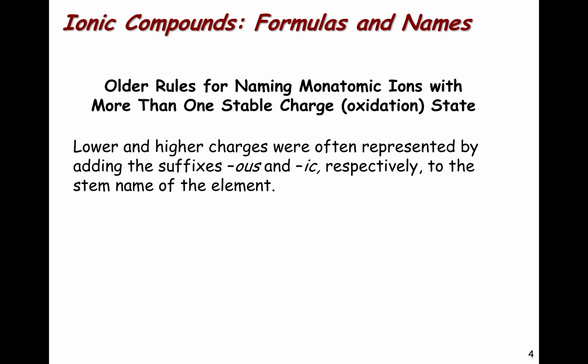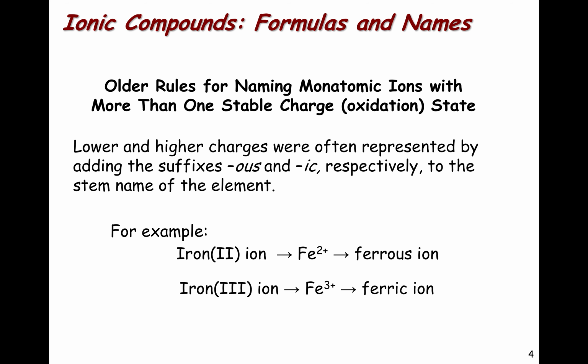This simply indicates whether we're dealing with a lower versus a higher oxidation number. So for example, iron has two very common ions, a 2+ ion and a 3+ ion. The "ous" is the 2+ ion, the "ic" is the 3+ ion.